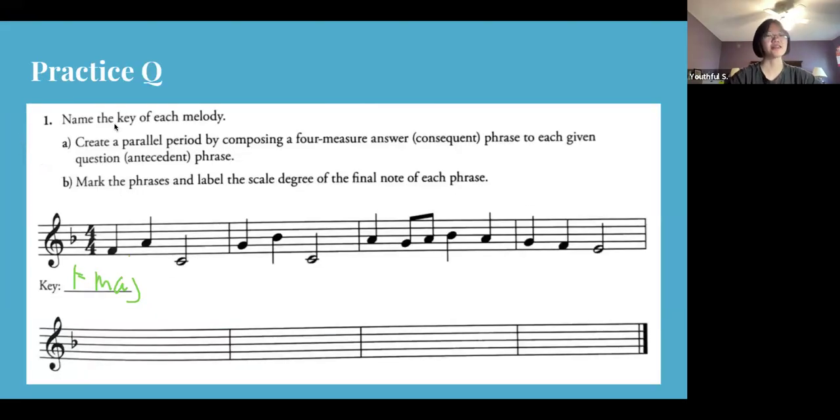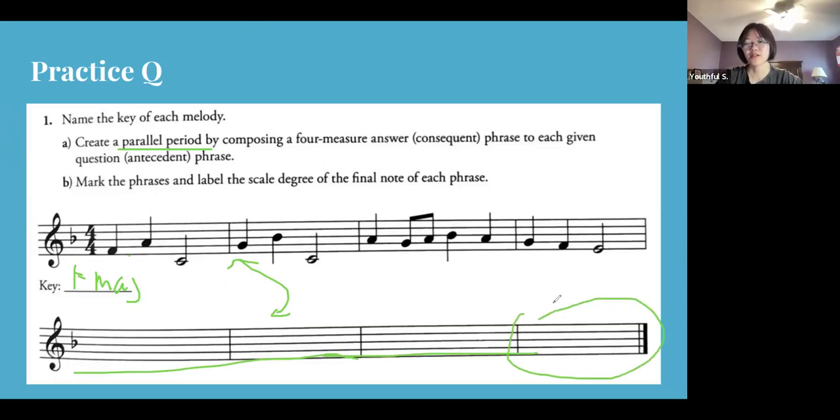Okay. So all you need to do to compose a melody with a parallel period is just copy down the first two measures. So that can be the exact same as this. And then at the end, since the ending note is near the fourth measure, you can also just copy down the third measure as well.